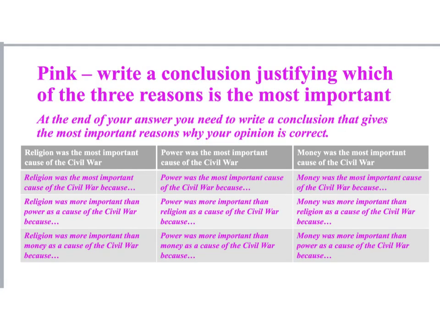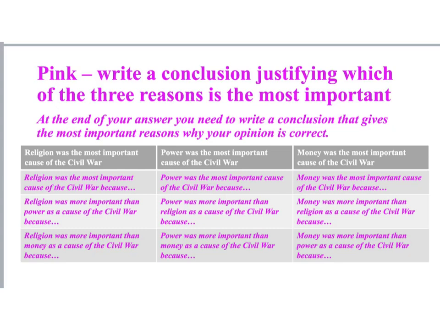Okay, so this is the pink target. Now, you might have got this target for two reasons. Either you haven't written a conclusion at all, so that's important, or you have, but maybe you've not written it to the standard that your target grade requires, okay? So what you need to do is look at some of these sentence starters. Now, the idea is that this should form one paragraph.